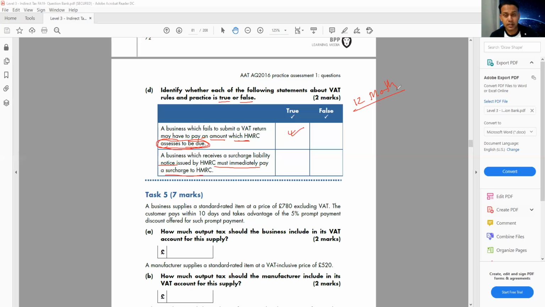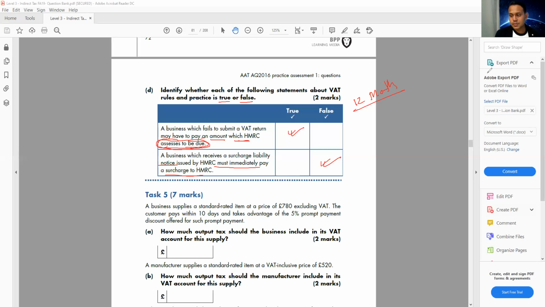Within this notice period, if you make a mistake again and fail to submit the VAT return, then they'll give you the penalty. And from that day, it starts again for 12 months. So this is basically false. You can read about the surcharge liability notice in the book. It will be more clear if you read from the book.